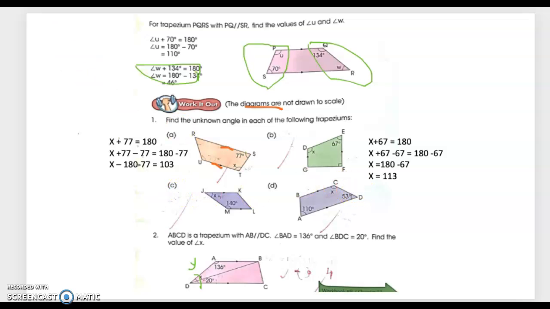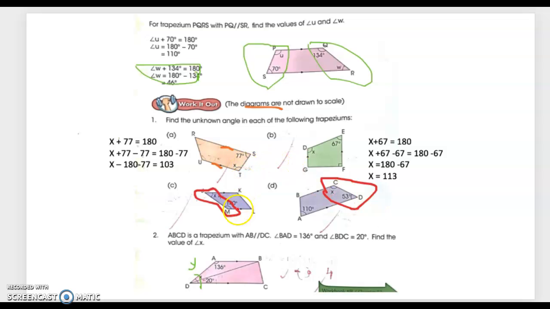That is how you have to consider x and 140. x and 140 is equal to 180, and then x plus 53 is equal to 180. Oh, sorry, x plus 53 is equal to 180.